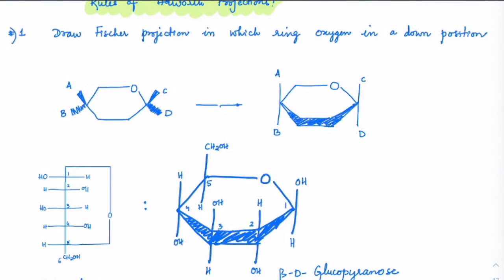Then this C and D will be visible in a vertical line. Same with this, AB will be visible in a vertical line now. That is exactly what happens here, so that's how we get the Haworth projection. So this pyranose, this pyran, if you write it in this structure with this shaded portion, which means it is coming outside the board, this is how we represent the Haworth projection.